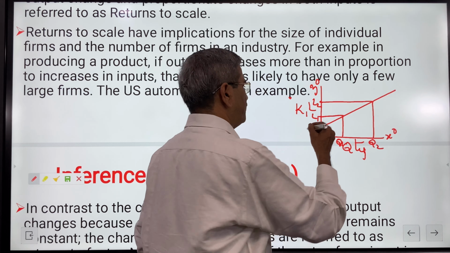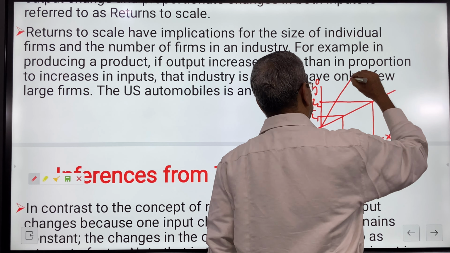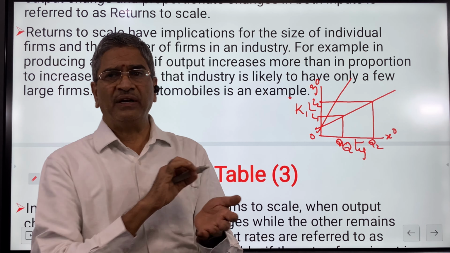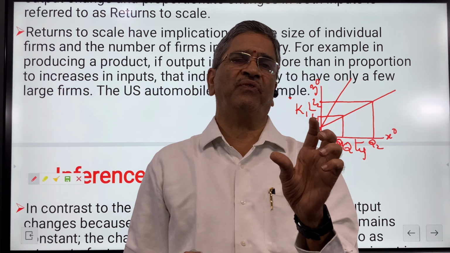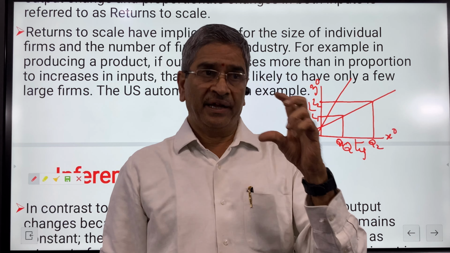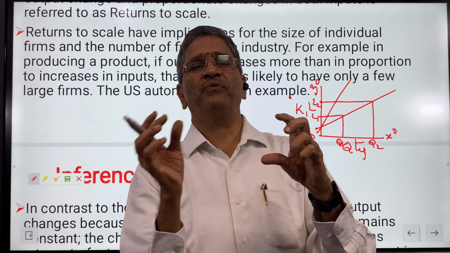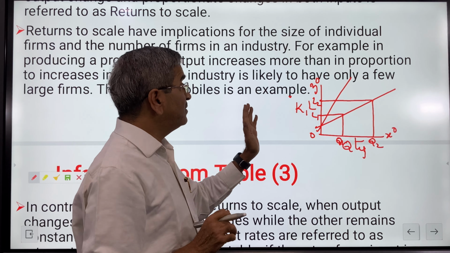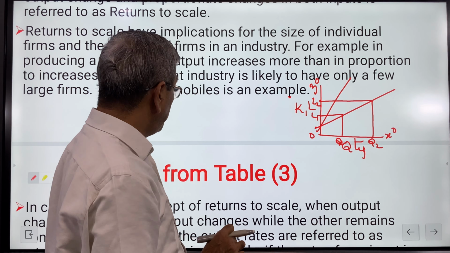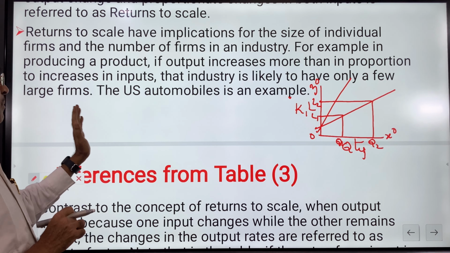If the curve is like this, then the reverse will take place. The change in the input will be very high and the change in the output will be very less. So it is inelastic. This is called the industry proportion.